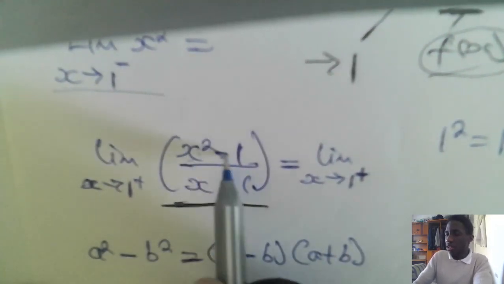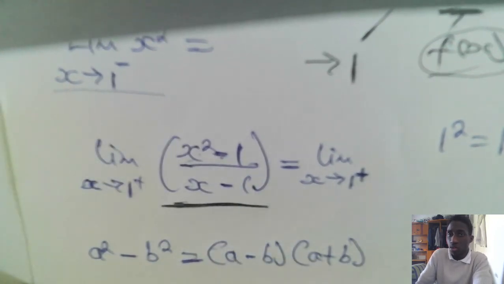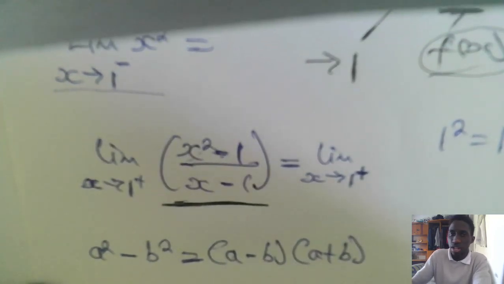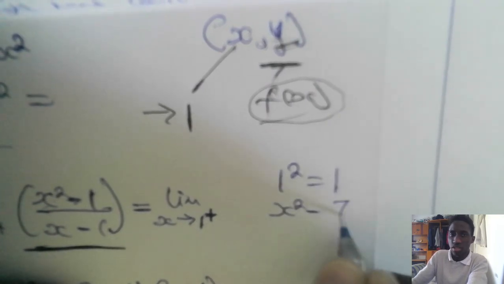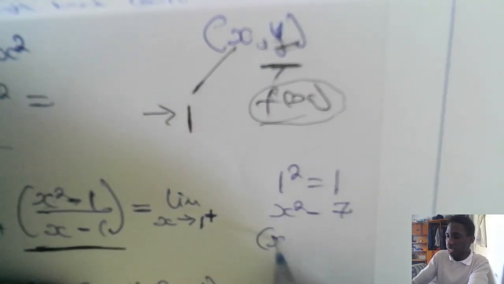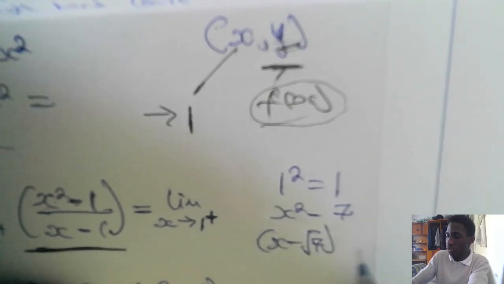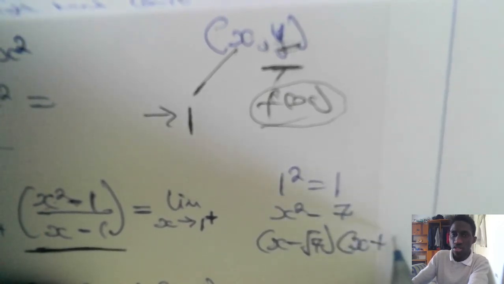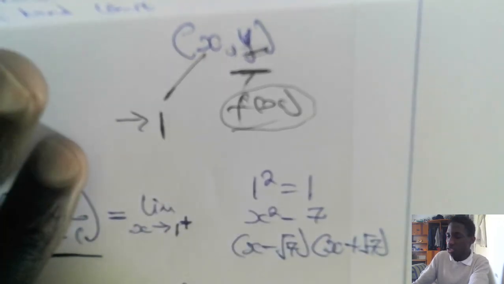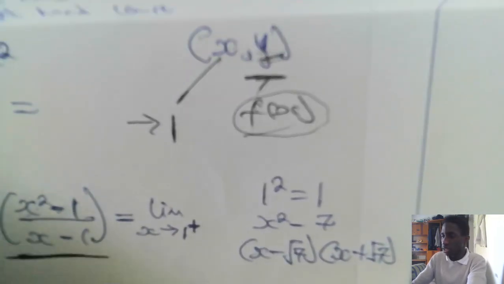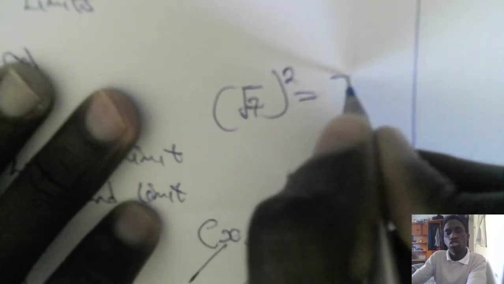And even if it wasn't a perfect square, let's say we had x squared minus 7. I can still express this as x minus the square root of 7 multiplied by x plus the square root of 7. The square root of 7, all squared, is equal to 7.